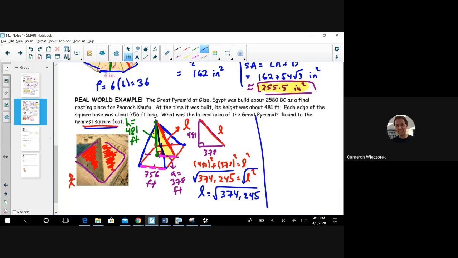So now to get the lateral area, I'm going to do 1/2 the perimeter of the base times the slant height. The base is of length 756 feet for each edge, so multiply it by 4 since it's a square. 1/2 times 756 times 4 will be 3,024.